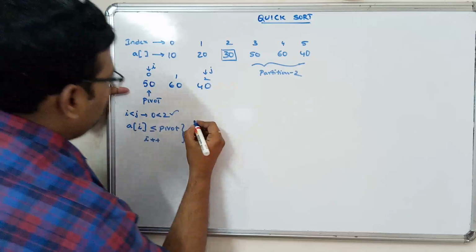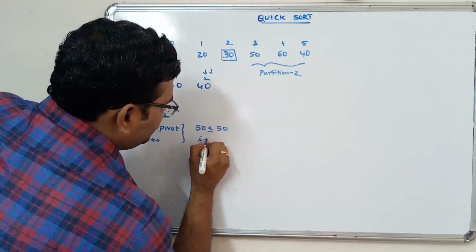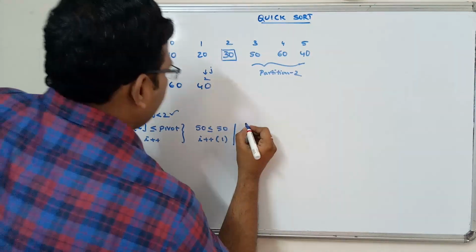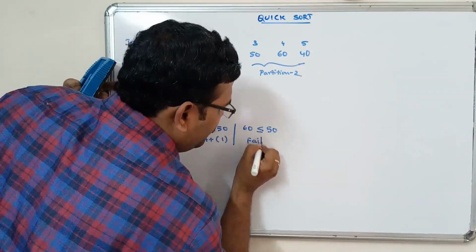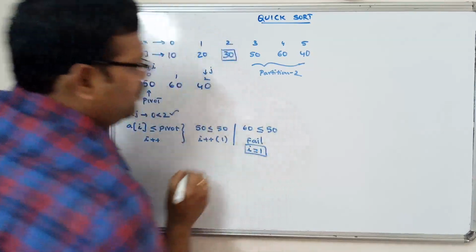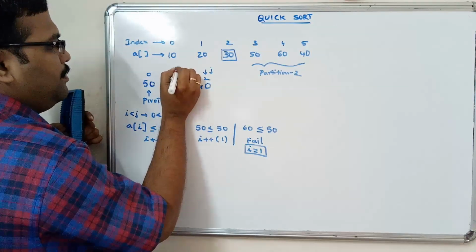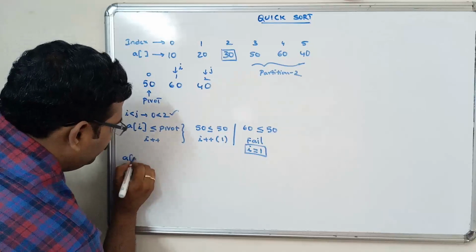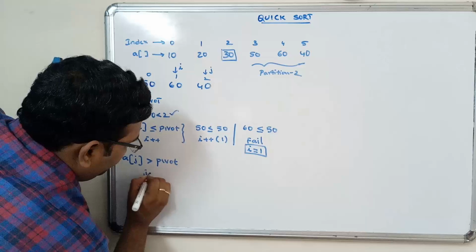So A of I, that means 50 less than or equal to 50, I plus plus, that means I becomes 1, initially 0. Next 60 less than or equal to 50 fails at I is equal to 1. So now I becomes here. Then similarly A of J greater than pivot, J minus minus.